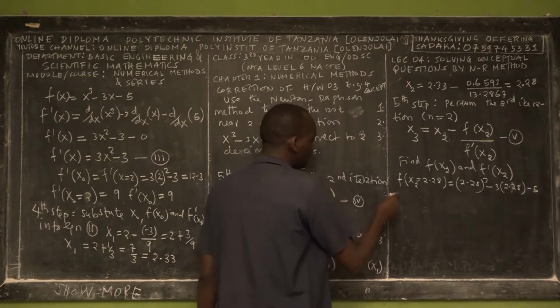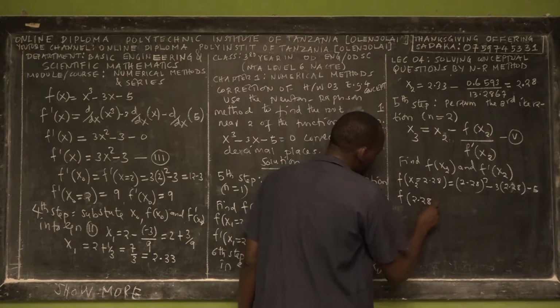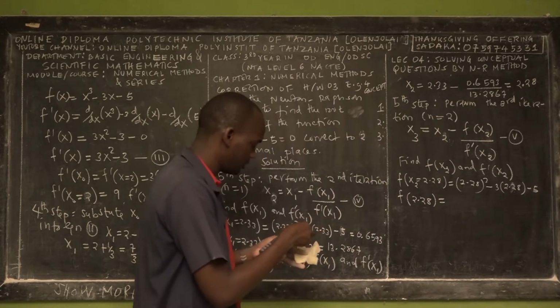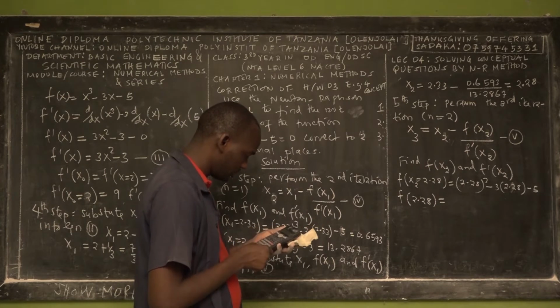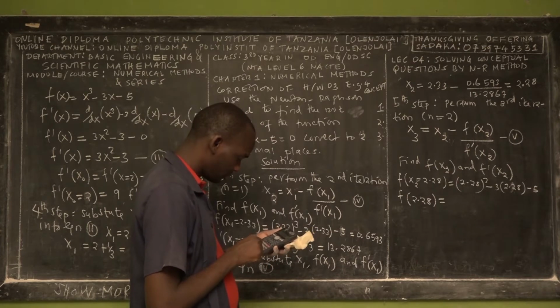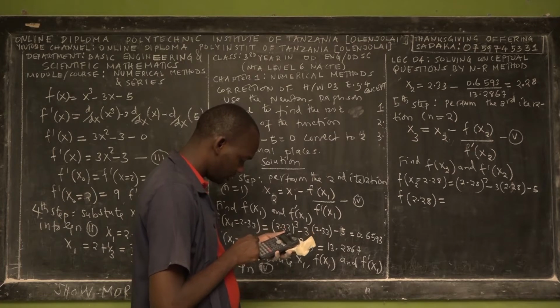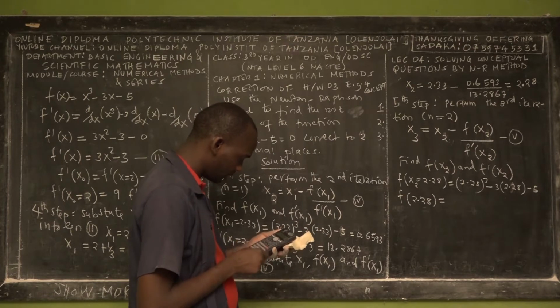Okay? So if that's the case, f(x) at x = 2.28 is equal to what? Take your scientific calculator. Insert 2.28, power 3, then subtract 3 times 2.28, then minus 5.